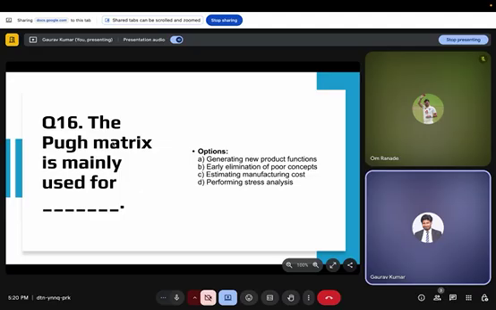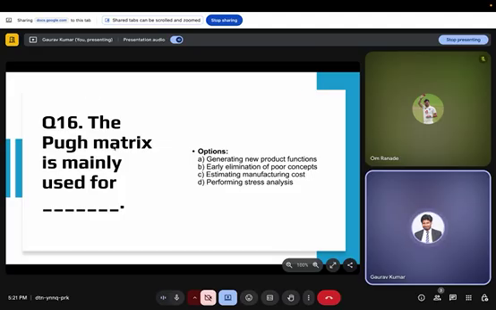It positions the PUGH matrix as a screening gate before scoring, and it upholds systematic design by filtering the design space efficiently while maintaining the traceability of reasoning behind each rejection or retention. Okay, so option B is the right answer.